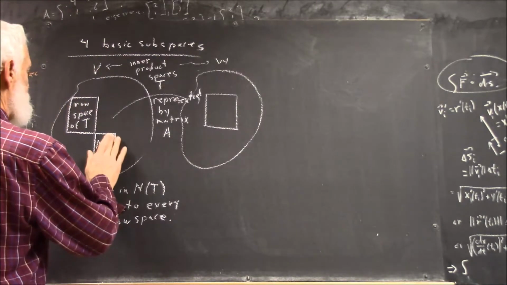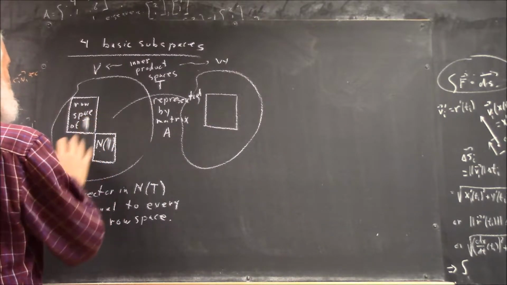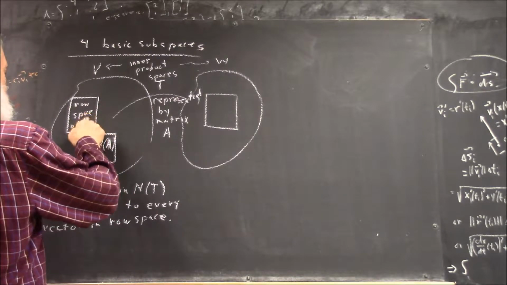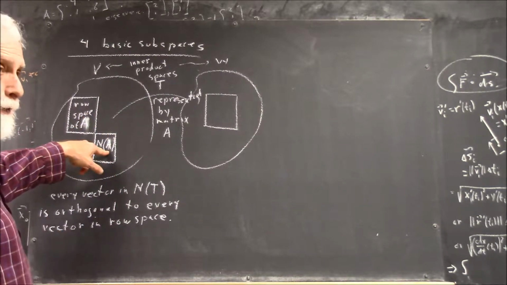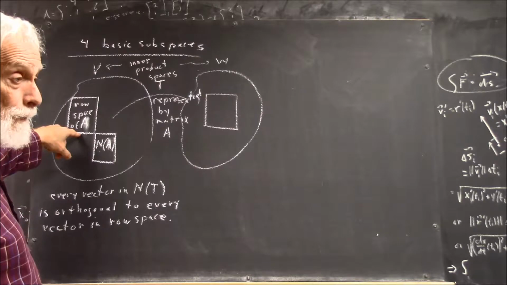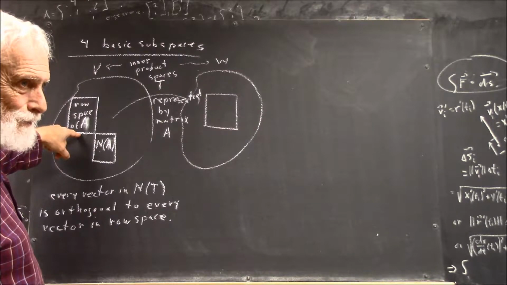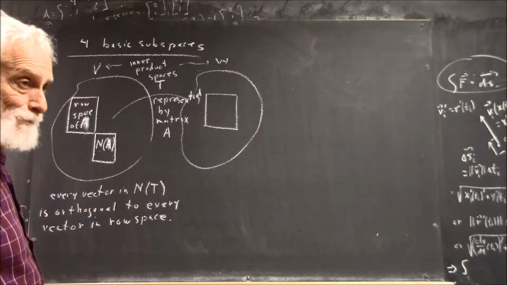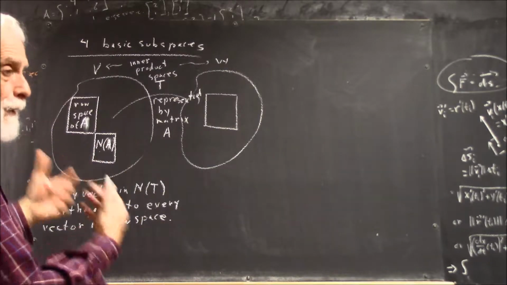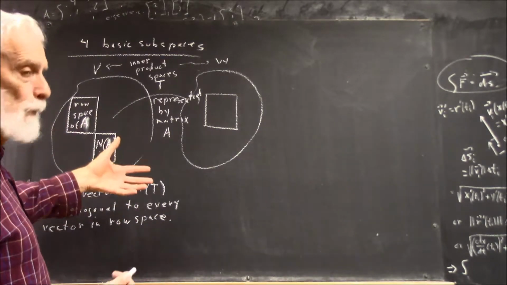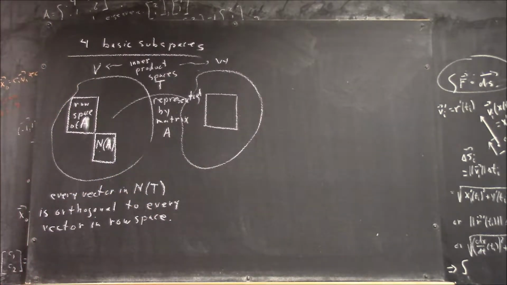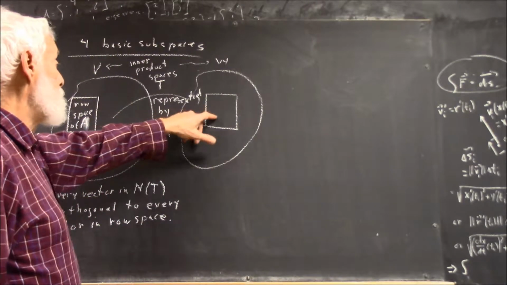So when I say N of T and the row space of T, I should really say N of A and the row space of A. T would be okay for the null space, because the null space of T is the null space of A. But when you start talking about row space, you'd better have a matrix, not a transformation rule. We established a long time ago that any linear transformation can be represented by a matrix. Whatever the rule is, put it in the matrix. You've done problems of that nature.